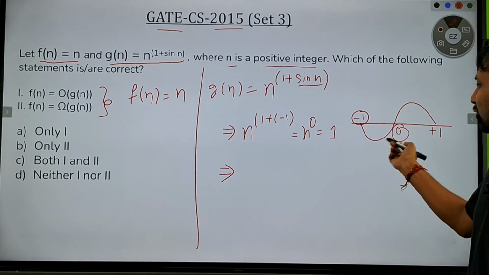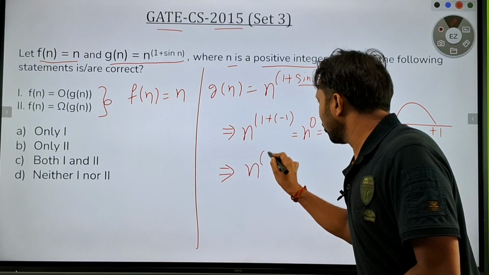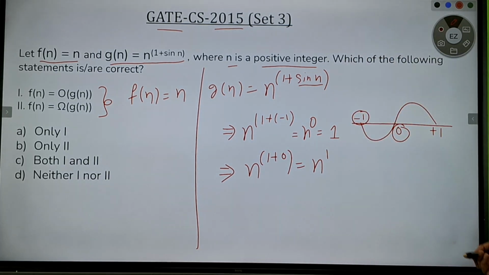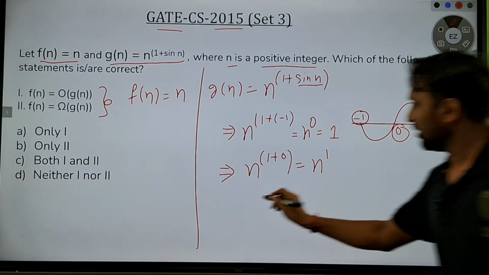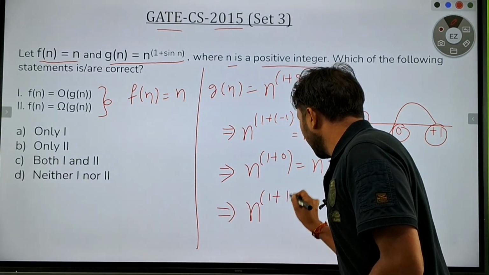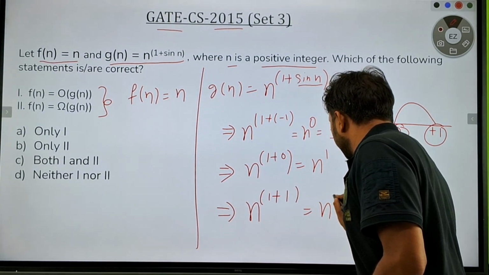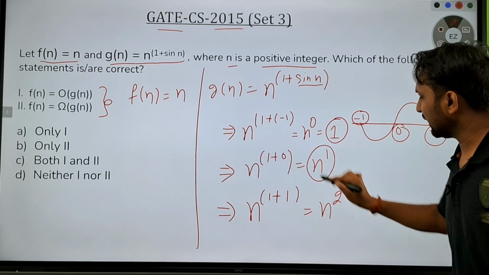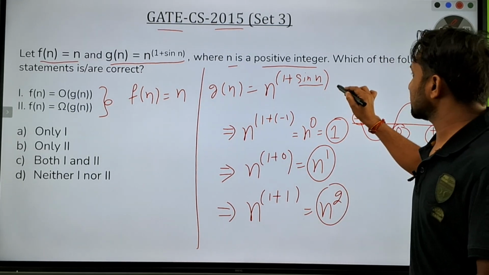If I put 0, this will be n^1. And if I put +1 in place of sin n, this will be n^(1+1), that is n^2. These are the three possible values for this function.